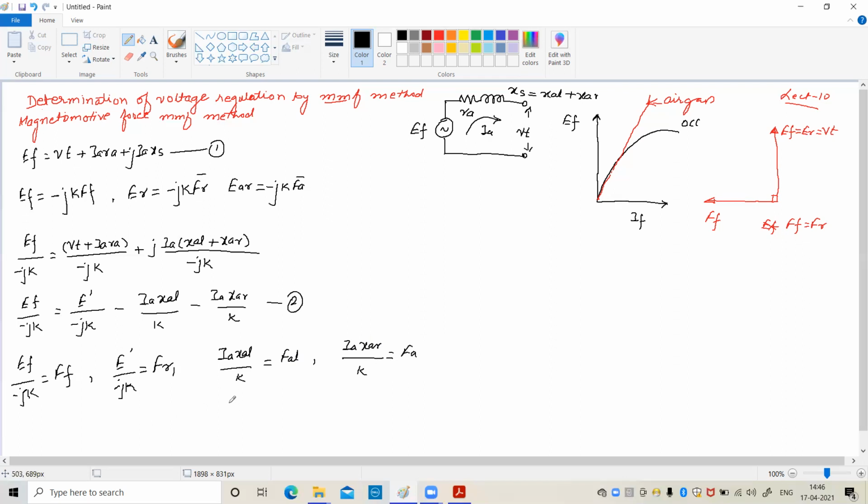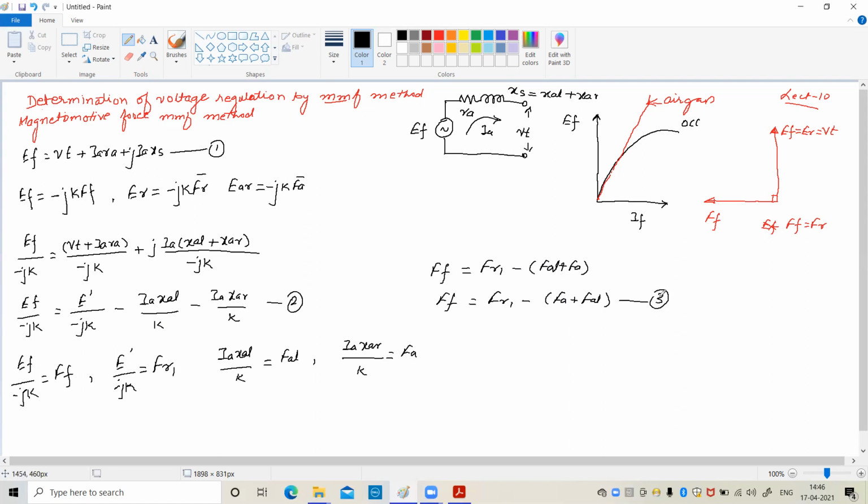So equation number 2 can be written as FF, the field MMF, equal to FR1 minus, taking the minus sign common, FA plus FAL, or simply FR1 minus (FA plus FAL).